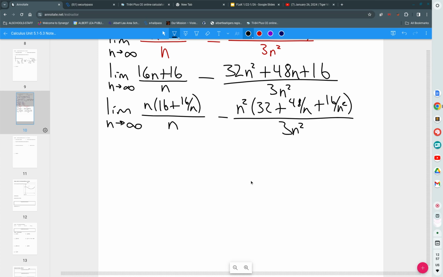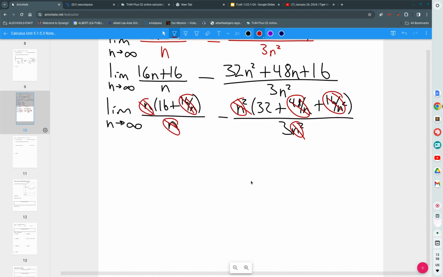All right. Now's the fun part. We simply reduce the n's. We reduce the n squareds. 16 over n, 48 over n, 16 over n squared all go to 0. How come? Because it's over an infinite amount. Over a very large number, so therefore it's going to head there.